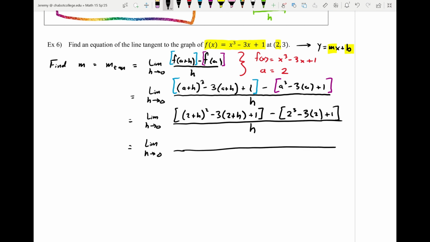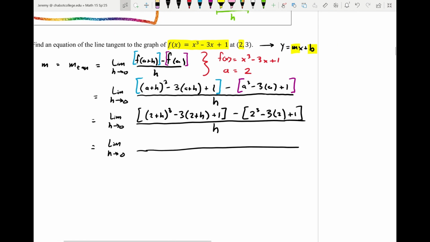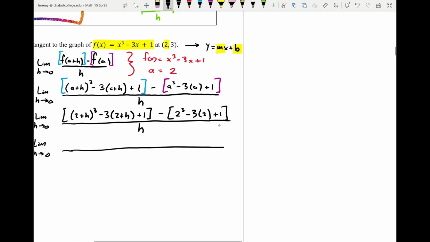So if we multiply out 2 plus h, sorry, that should be cubed. 2 plus h cubed, I might do this off to the side. That's 2 plus h times 2 plus h times 2 plus h. So you can FOIL this out, or do it however you like to do it.